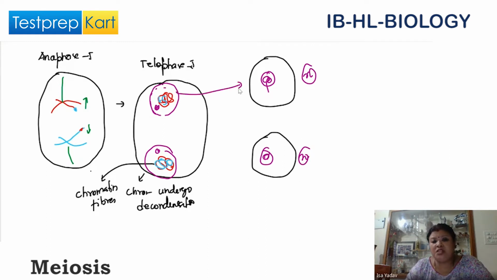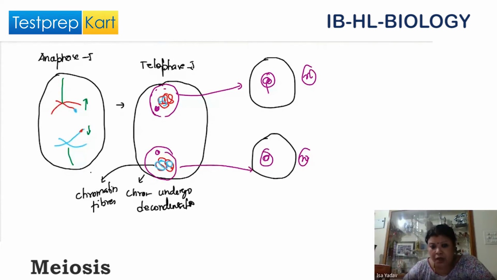This will form this, another will form this. So here you can see that at the end of meiosis 1, we are getting how many cells? We are getting 2 cells.